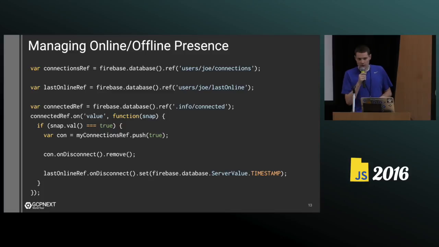As far as offline functionality goes, in the Android and iOS Firebase SDKs, you can enable automatic offline disk persistence for the data. So if the user loses connectivity and closes the application, having made some changes, when they then reopen the application and come back online, those changes will be synced to Firebase.